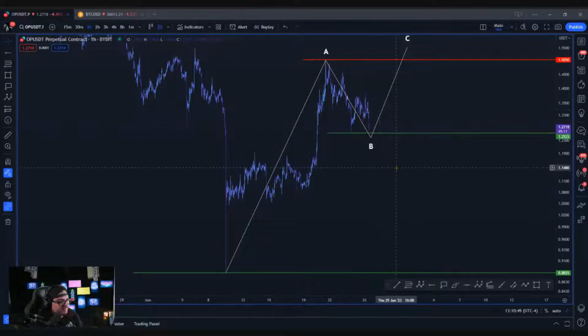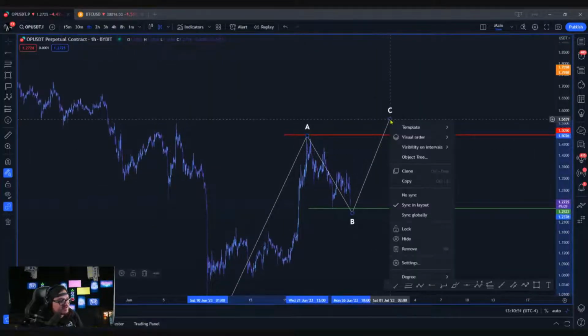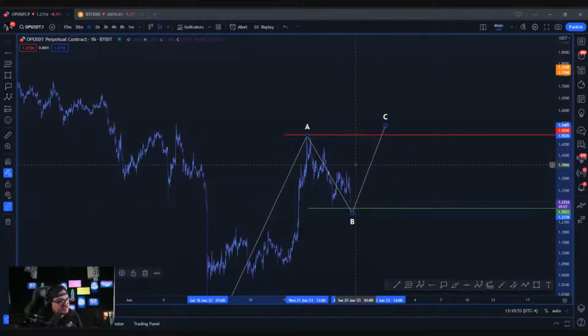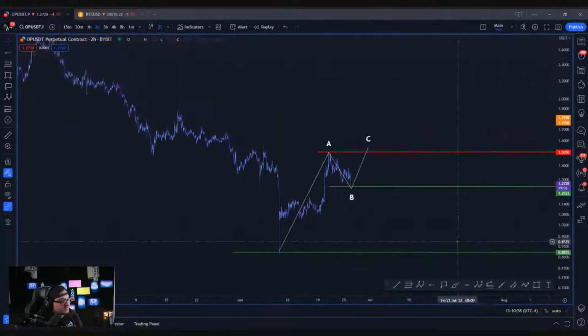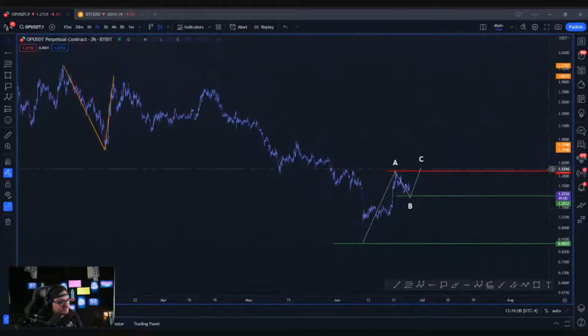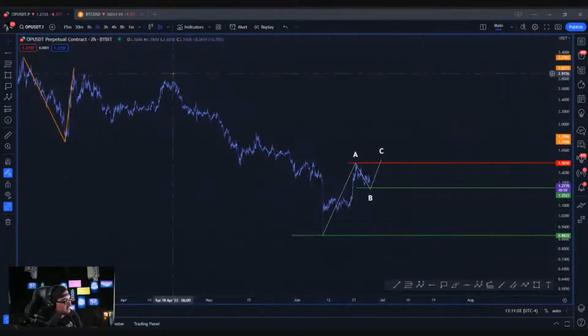But just wait for that entry just in case. If we put in this bearish ABC setup, this is going to paint a possibility for a larger potential setup like this.